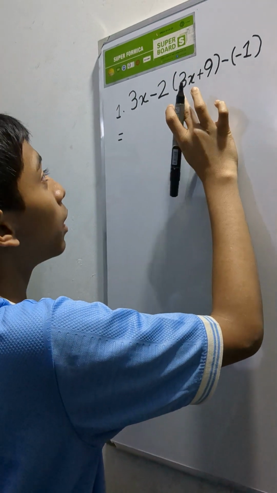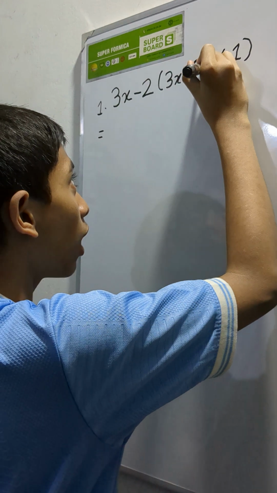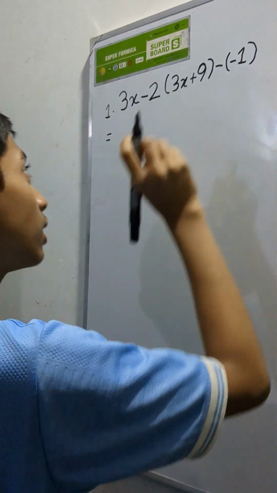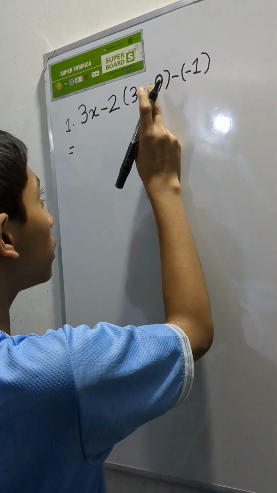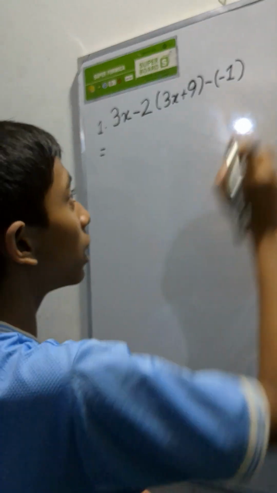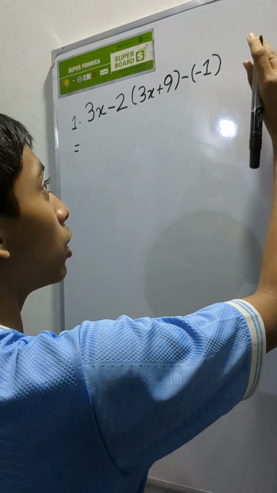So we can't add this. If there is an x after 9, then we can add this, but here's no variable after 9, so we can't do anything. We can only multiply this, but I give here a plus sign.